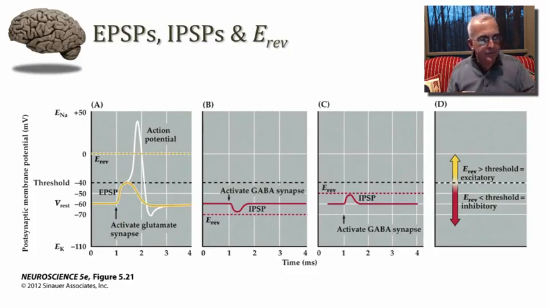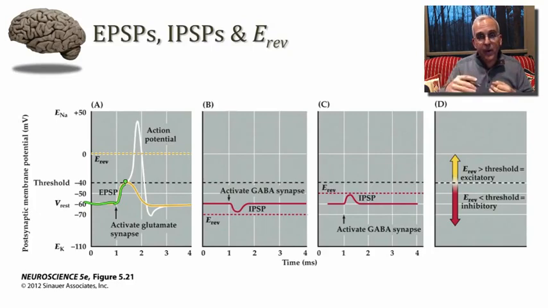Okay, so let's put this together now. We activate a glutamatergic synapse, or perhaps a collection of glutamatergic synapses on this cell. The cell begins to depolarize because sodium is rushing into the cell through the AMPA receptor channel, and its reversal potential is around 0 millivolts, so we've got a large conductance because the channel's open, and we've got a large driving force, right?